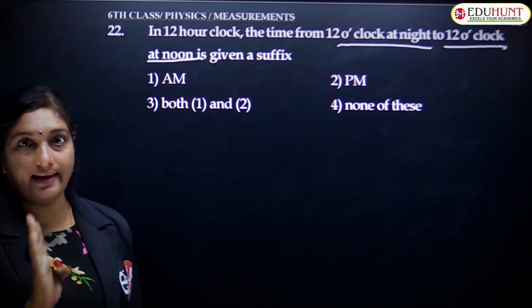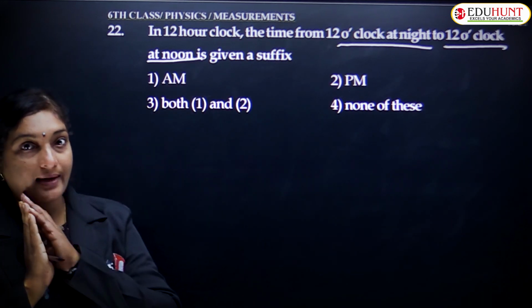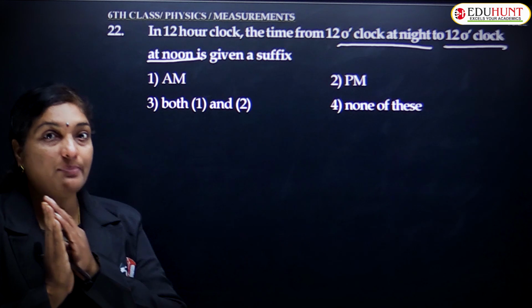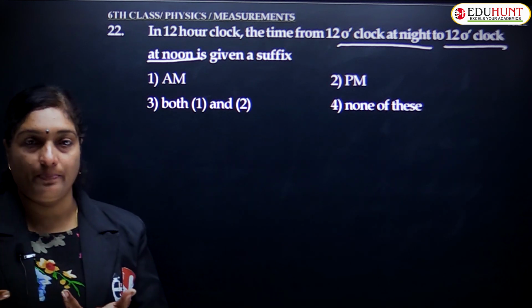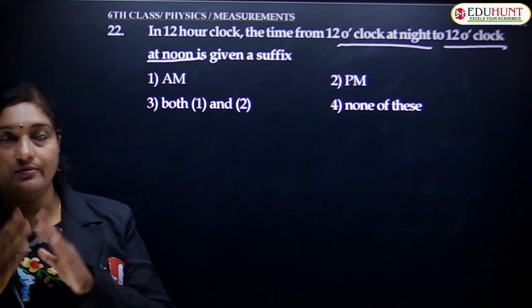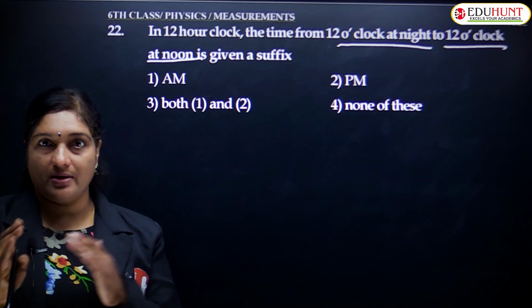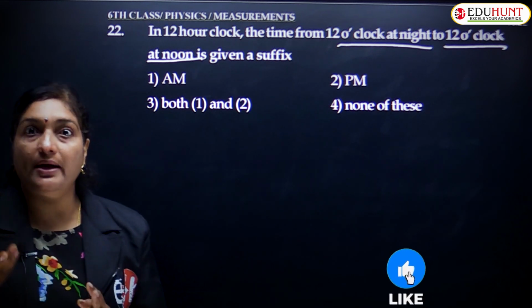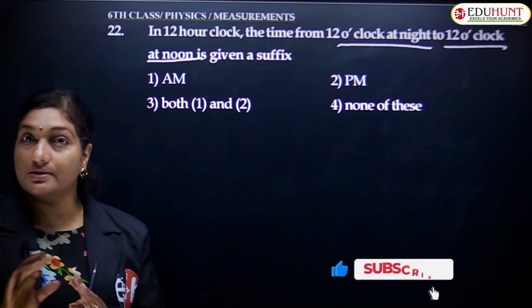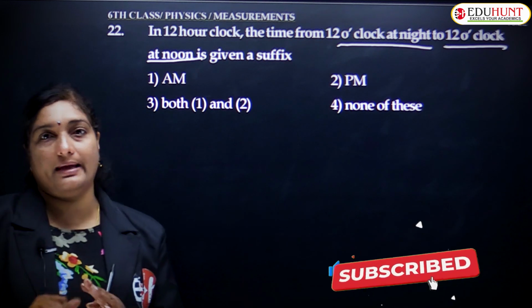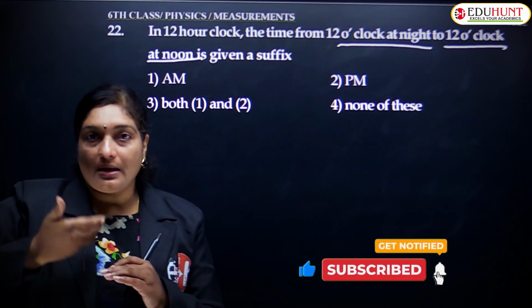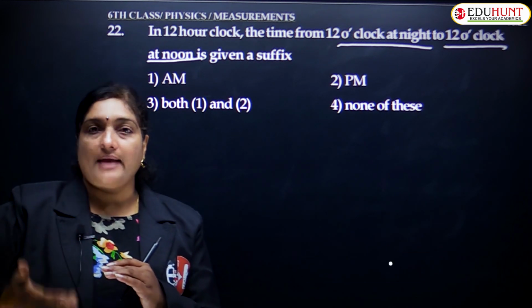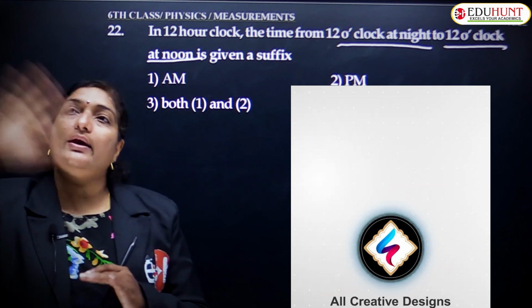You sleep at night, no? That is called midnight, 12 o'clock. After 12 o'clock, if you wake up sometime, is it 2 p.m. or 2 a.m.? 2 a.m. After 12 o'clock midnight, every time is counted in a.m.